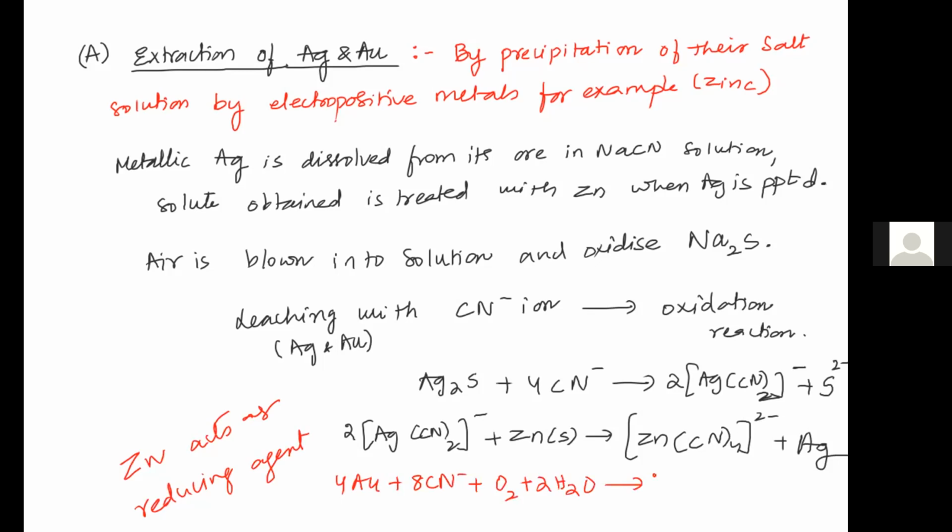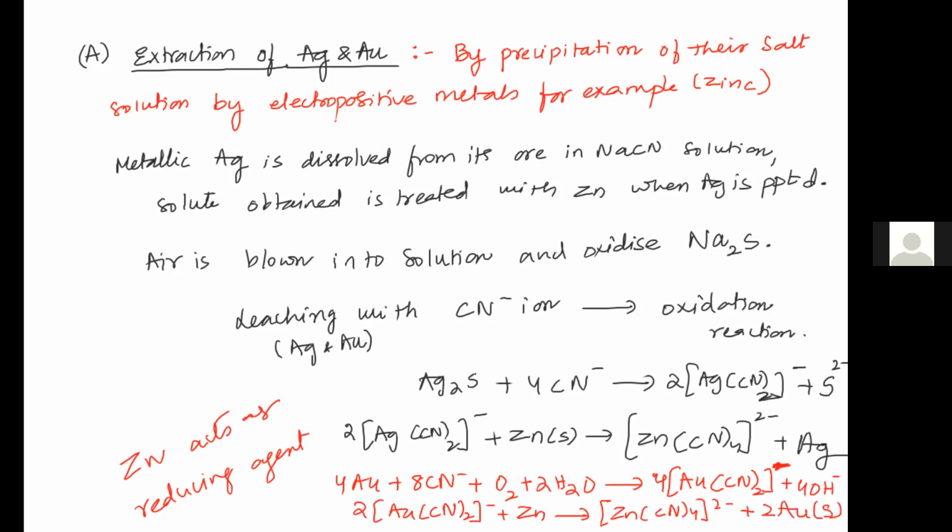So if I have to write the balanced reaction, it is 4 Au(CN)2 minus plus 4 OH minus, and the same 2 Au(CN)2 minus reacts with zinc, gives rise to Zn(CN)4 2 minus plus 2 Au solid. This is how we extract gold and silver.